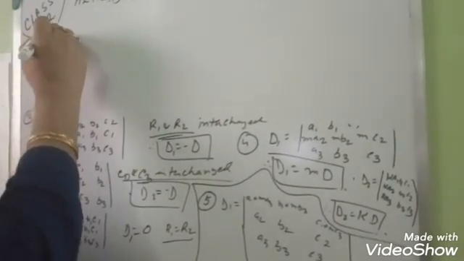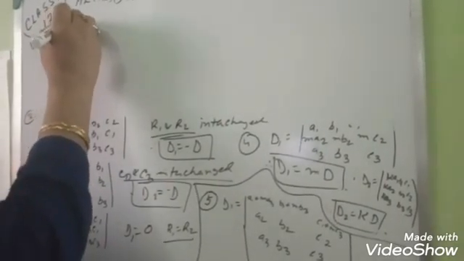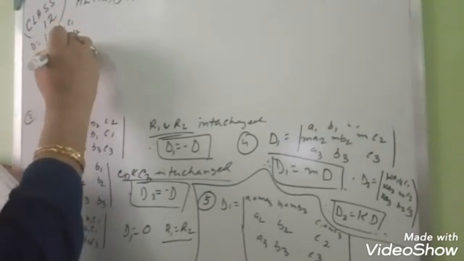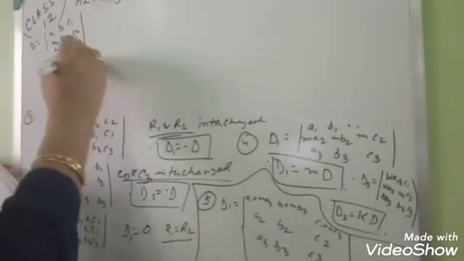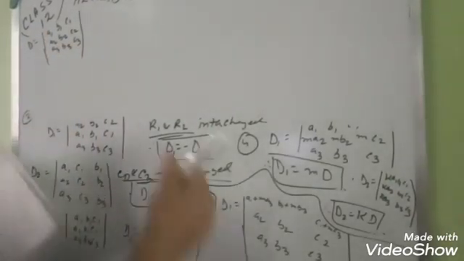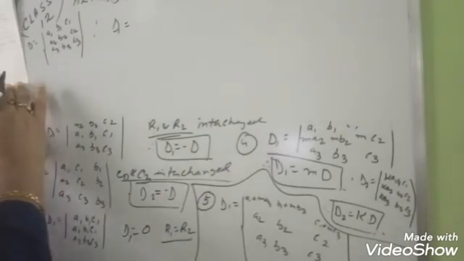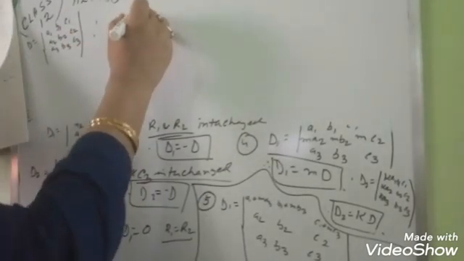Okay, now what I have written, D, we know D already we have taken as A1, B1, C1, A2, B2, C2, A3, B3, C3. This we have taken as D, and D1 we have already written. Let me write it again, there is no place.